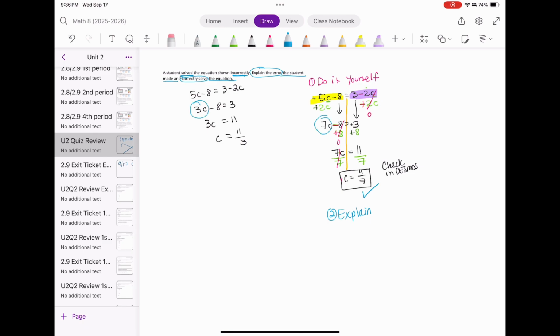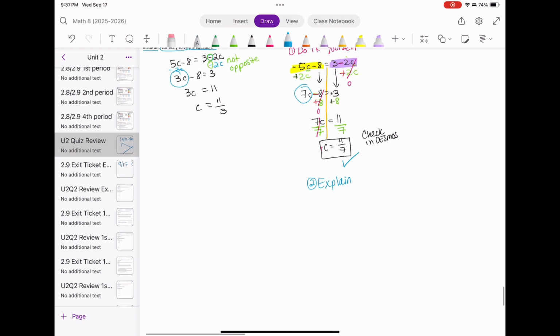If you notice, the difference between their problem and ours is that we have a 7 and they have a 3. So clearly, instead of adding the 2c, they subtracted the 2c. But that's not correct, because if you do -2c minus 2c, that doesn't cancel. That doesn't give you 0. That gives you -4c. So the point of doing the opposite is for the 2's to cancel.